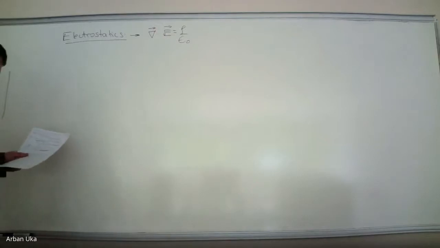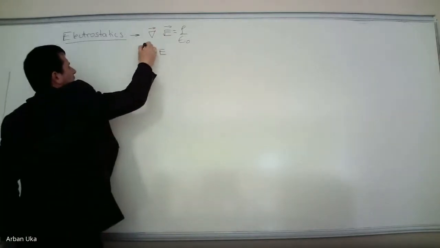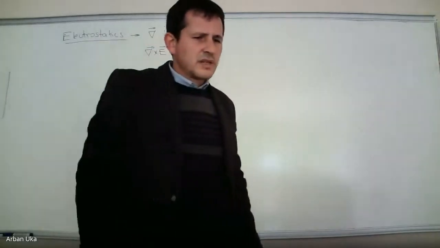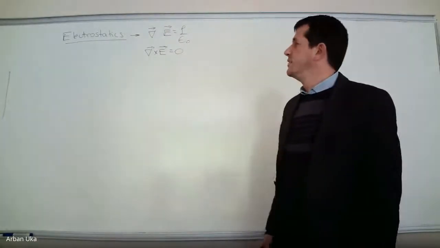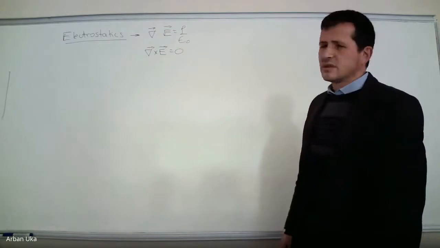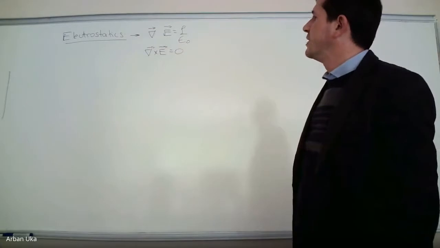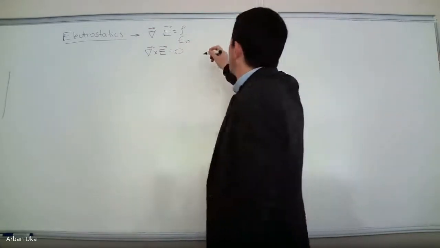And the second postulate was that the curl of E is equal to 0. So we said that we can acquire all the necessary information for any vector field once we know the divergence and the curl. Now we know these. They are fundamentally true. We have never proved them differently using an experiment.